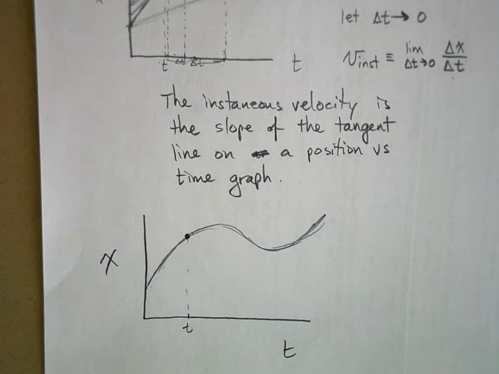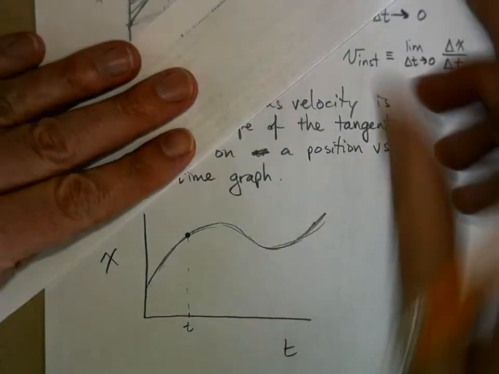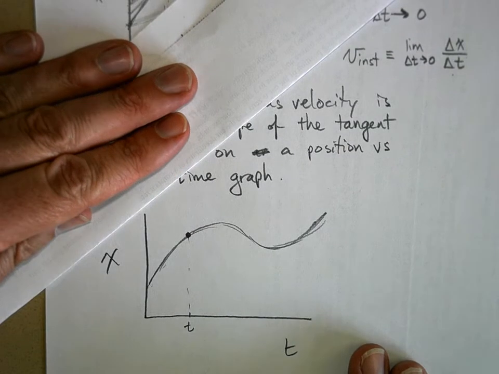Well, here's what you do. You take a ruler, or failing that, just take a piece of paper and fold it, make a straight edge. And you want to draw a tangent line to this curve.